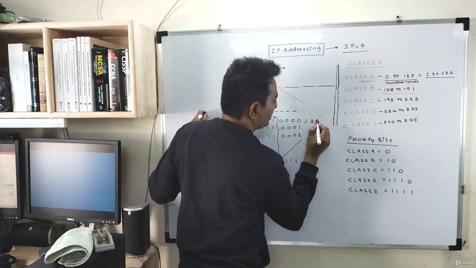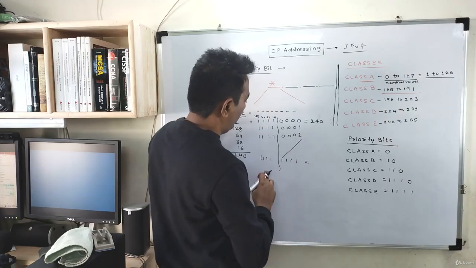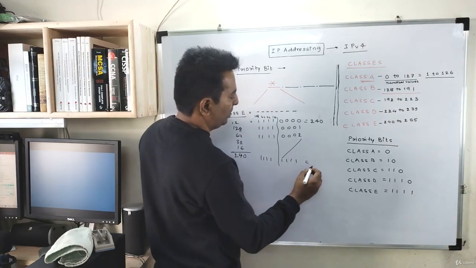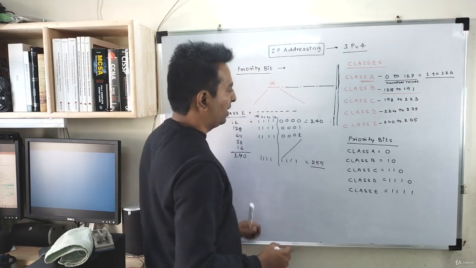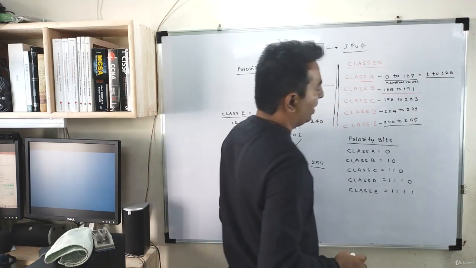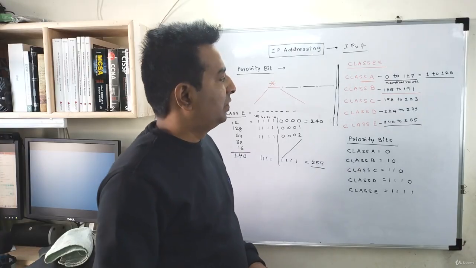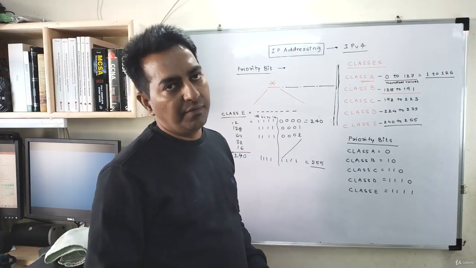So it starts at 240, and if all becomes 1, you already know the value is 255. So for class E, the range is 240 to 255.